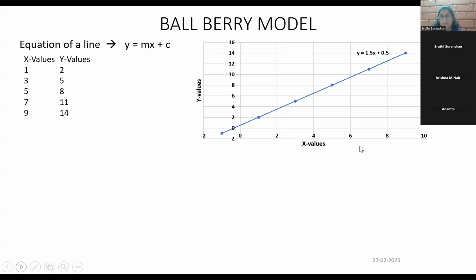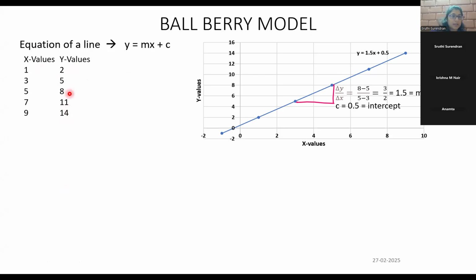So we understand that the Ball-Berry model is nothing but a line representing the relationship between the y-axis and the x-axis. Now the slope value gives us the difference. That is, slope in general is the difference in the y value over the difference in the x value. For a set of points that I've created, these are the x-axis values and these are the y-axis values.